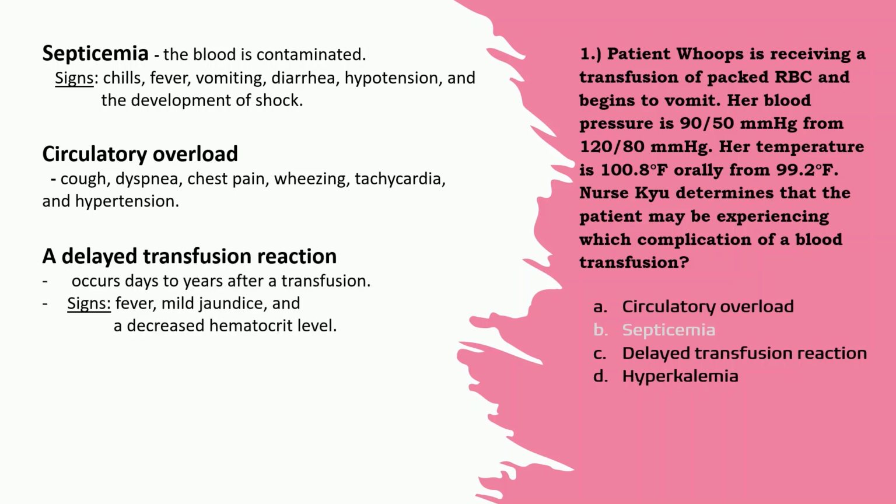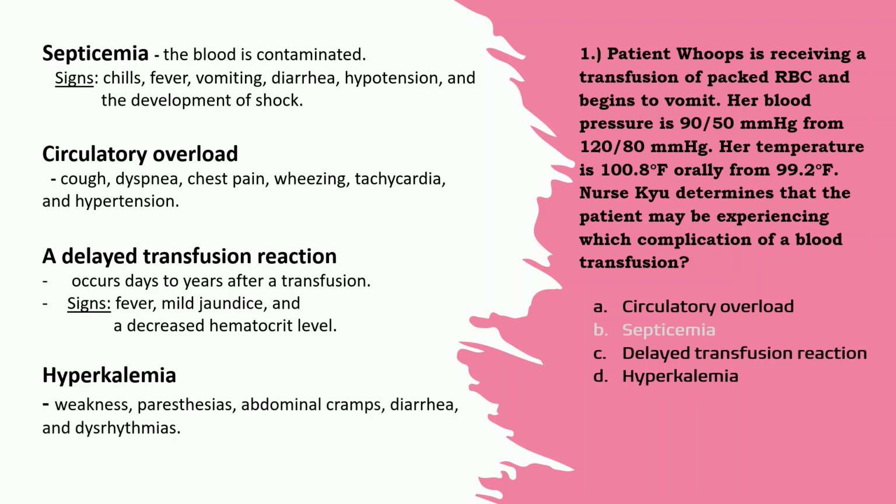A delayed transfusion reaction can occur days to years after a transfusion. Signs include fever, mild jaundice, and a decreased hematocrit level. Finally, hyperkalemia causes weakness, paresthesias, abdominal cramps, diarrhea, and dysrhythmias.